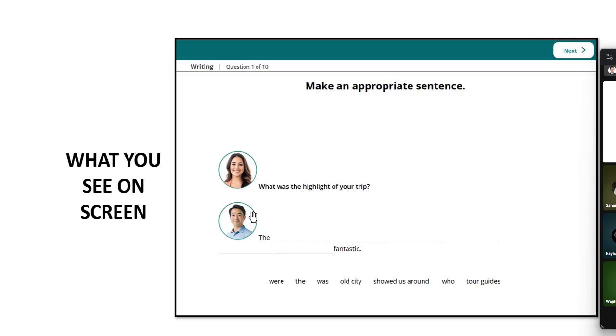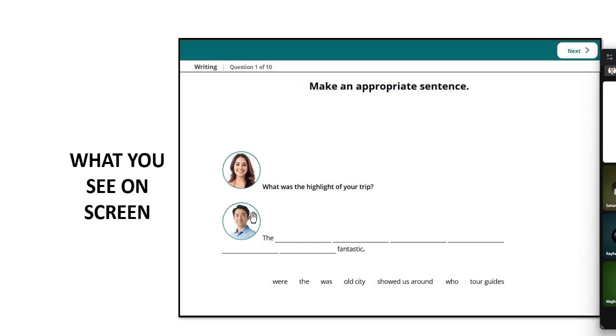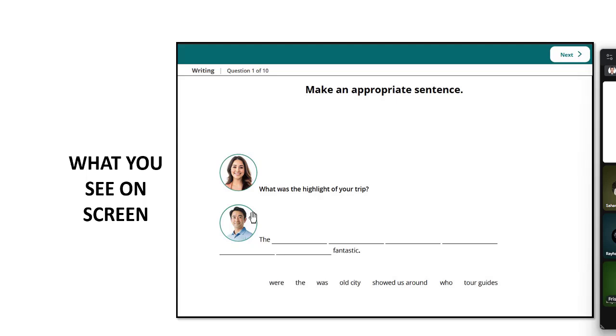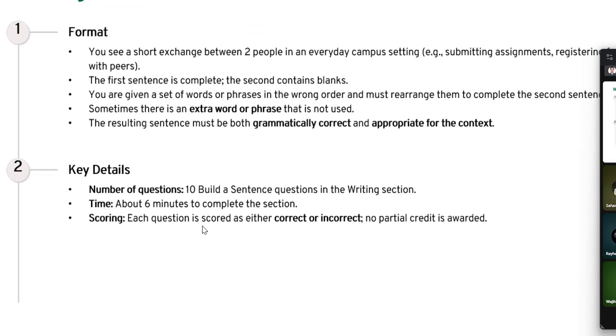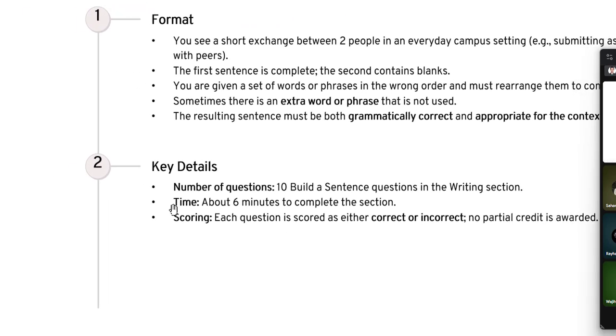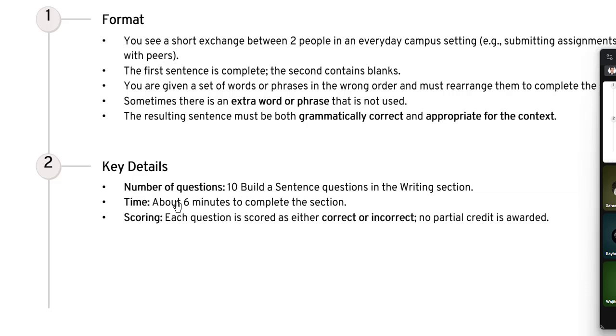Let's go back to the other key details related to the Build a Sentence task. The key information that we might need is that there are around 10 Build a Sentence questions in the writing section.